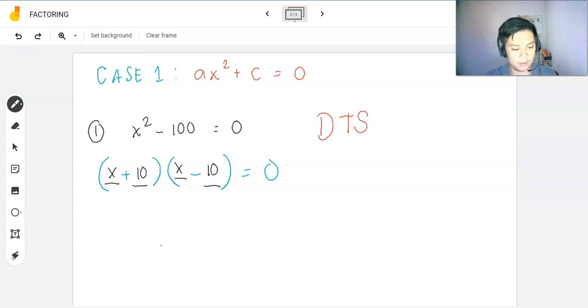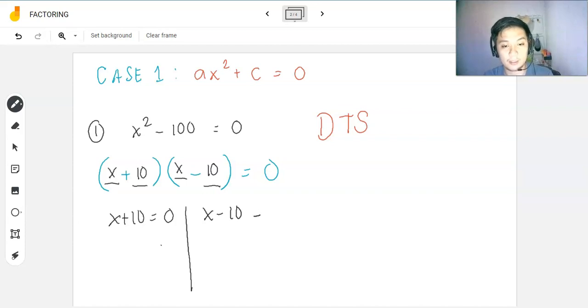Okay. Ayun. So we have to put lang x plus 10 equals 0. And then on the other side, or in the other column, we have x minus 10 equals 0. So we are down to solving now linear equations in one variable. So we have to determine the value of x in each linear equation.